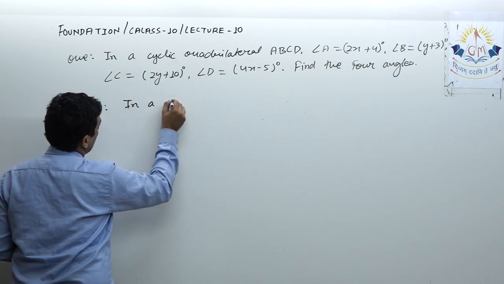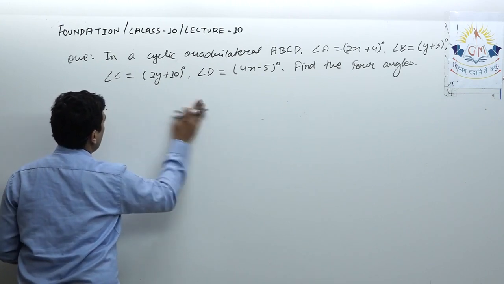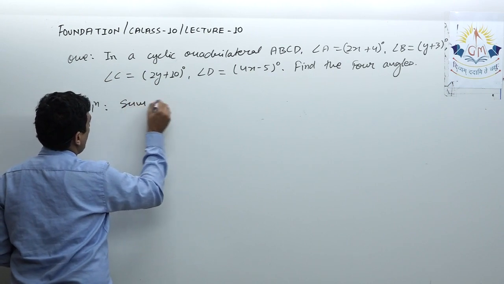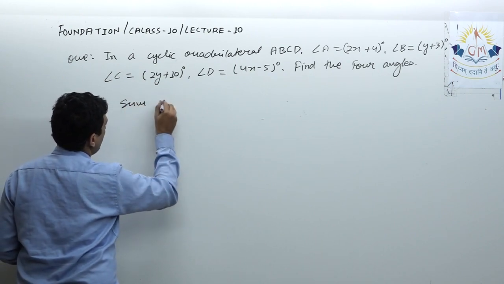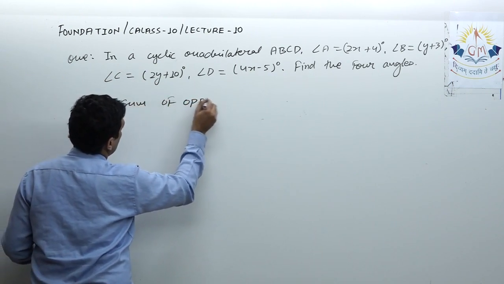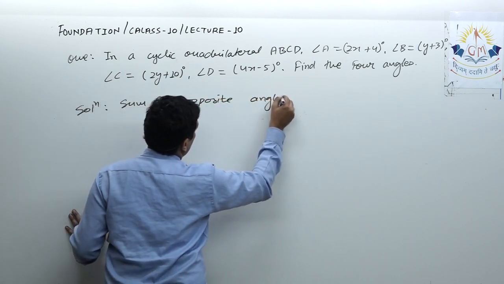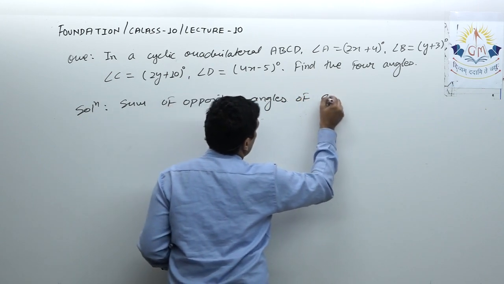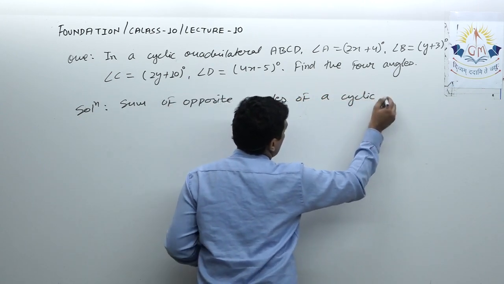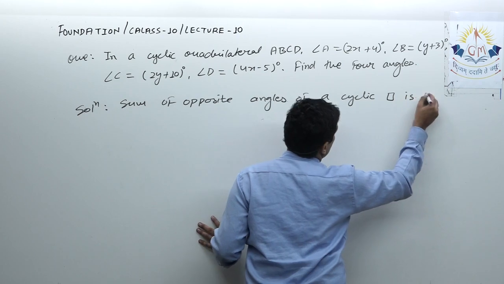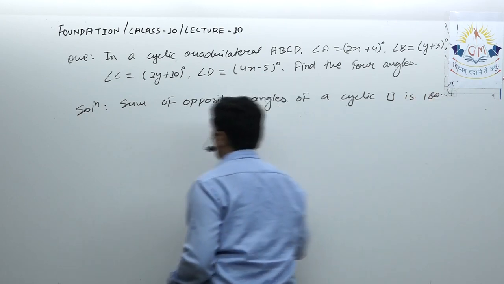In a cyclic quadrilateral, or simply I can write, the sum of opposite angles of a cyclic quadrilateral is 180 degrees.